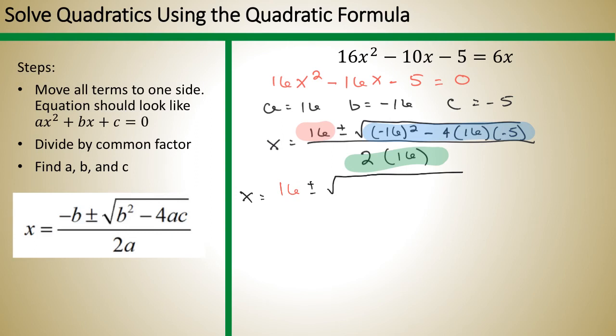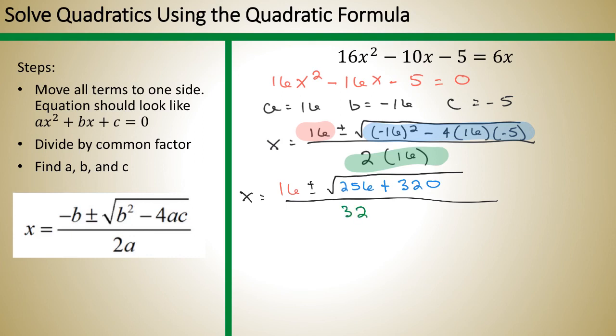It's going to be 256 minus 4 times 16 times negative 5. That is actually going to be plus 320. And all of that is over 32.